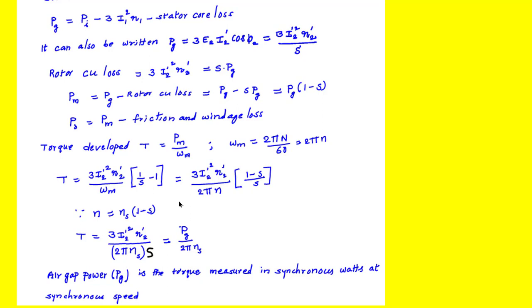If we convert that to revolutions per second, then n is equal to ns into 1 minus s. Then we can write the torque equation further like this: torque is equal to 3 I2 dash square into R2 dash divided by 2 pi ns into s.